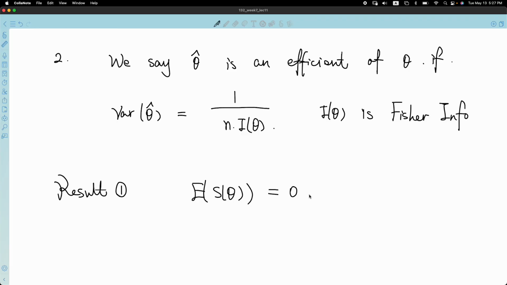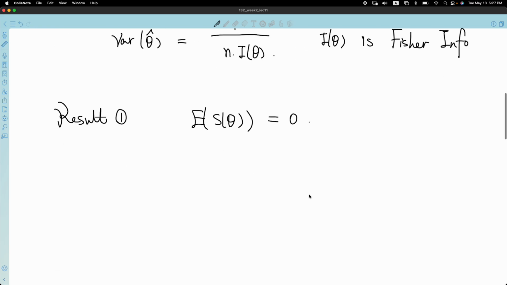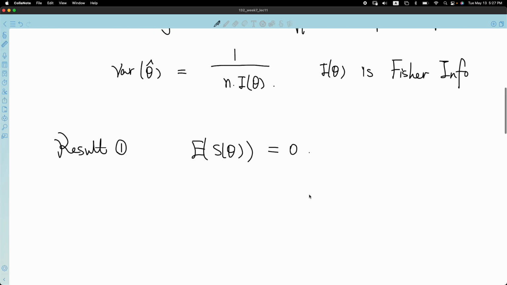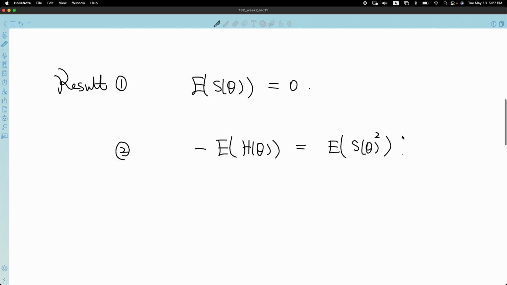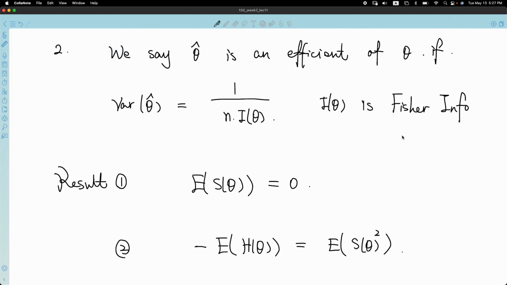We also showed another result: the negative expected Hessian is equal to the expected score function squared. Any question regarding this, or do you need me to scroll up a little bit? These are all the results that you already have from last lecture.